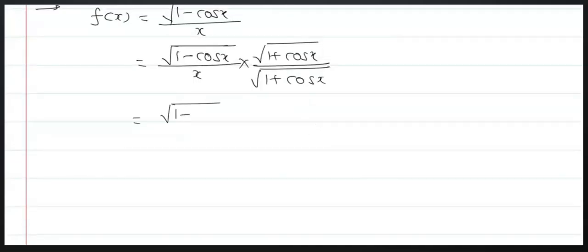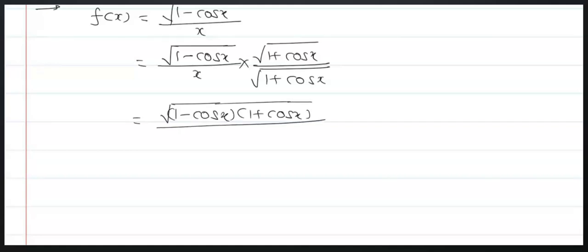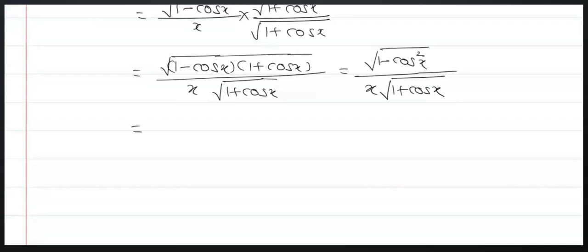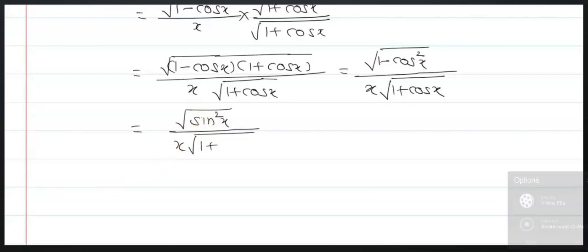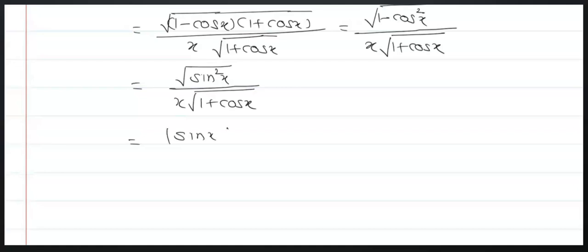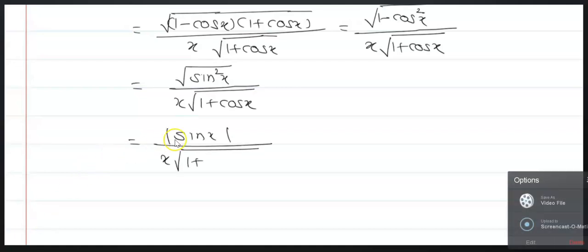Therefore, you will get root of (1 minus cos x)(1 plus cos x) upon x root of (1 plus cos x), that is root of (1 minus cos square x) upon x into root of (1 plus cos x), that is root of (sin square x) upon x into root of (1 plus cos x). Therefore, mod of sin x upon x root of (1 plus cos x).